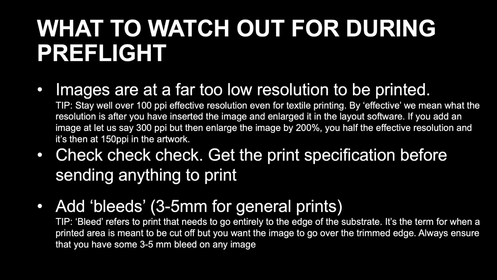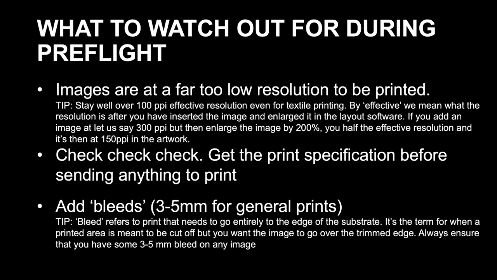Then finally, always add bleeds. This is between 3 to 5 mm. For small products, items like packaging, brochures, posters, booklets, you want to stay around 3 mm as a general rule. For big product items like large format vinyl banners or a billboard artwork, you want to stay within the 5 mm range, right?